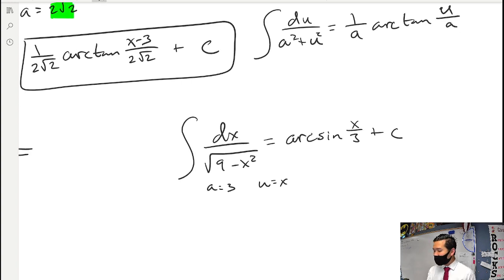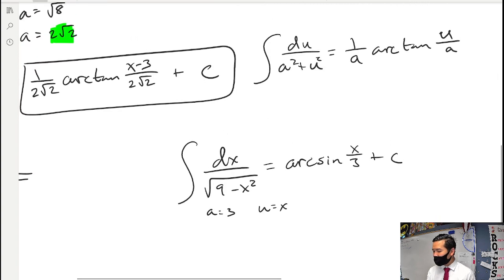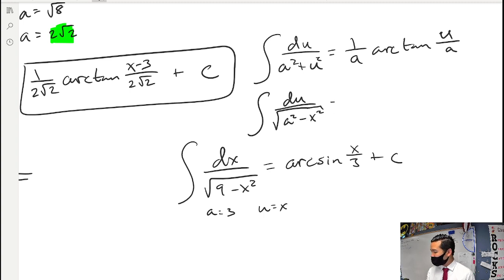Whereas for sine, you do the integral of du over the square root of a squared minus u squared. It follows this pattern. This would be equal to the arcsine of u over a plus c. Okay?